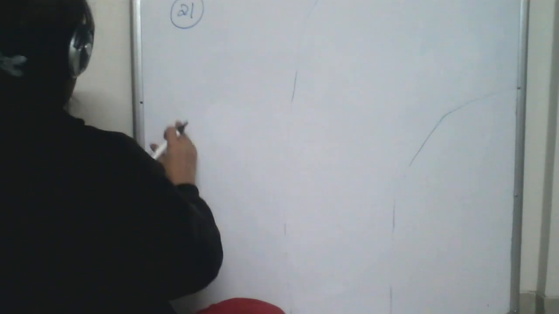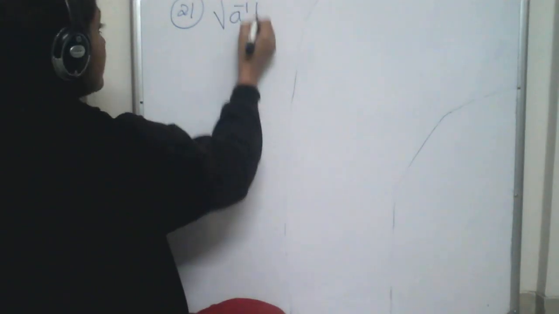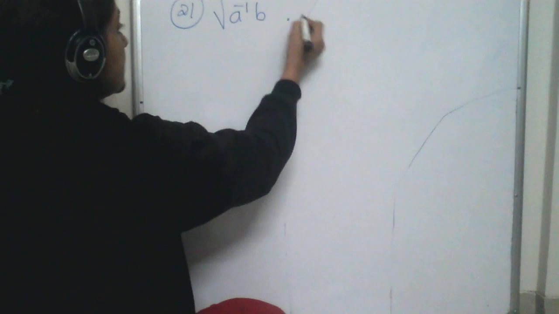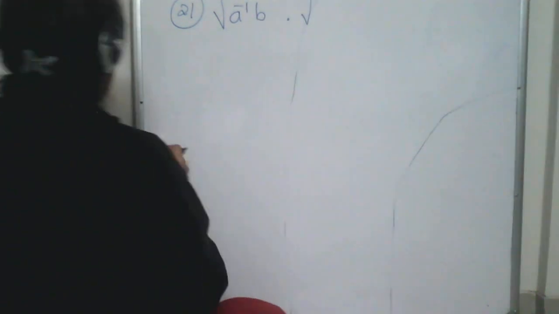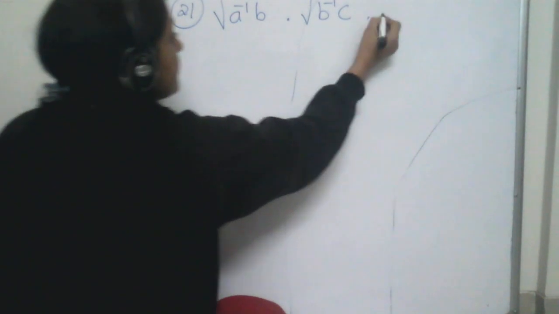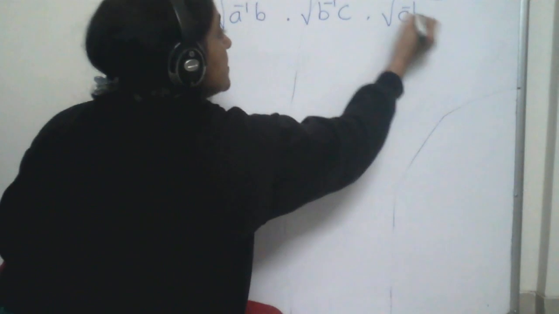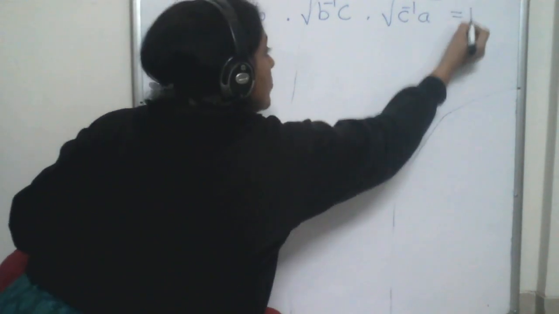The question number 21. Question number 21 says square root of a to the power minus 1 b into c to the power minus 1 a is equal to 1. It can be written with a dot also. It is called dot multiplication.